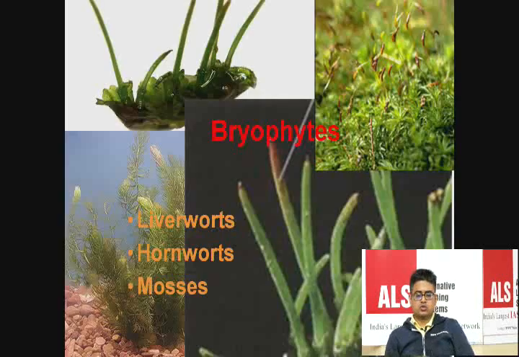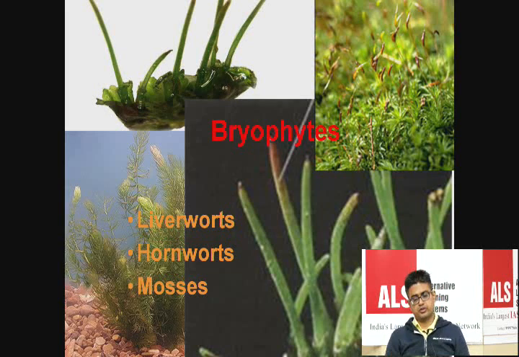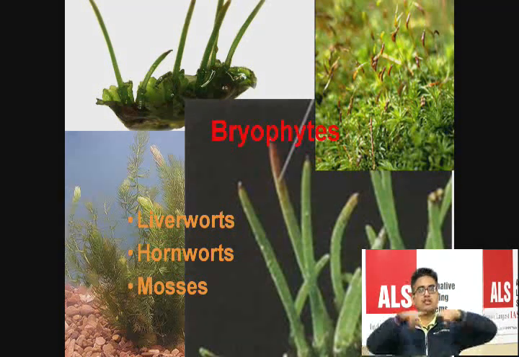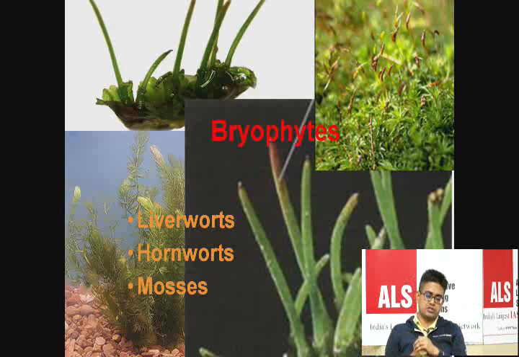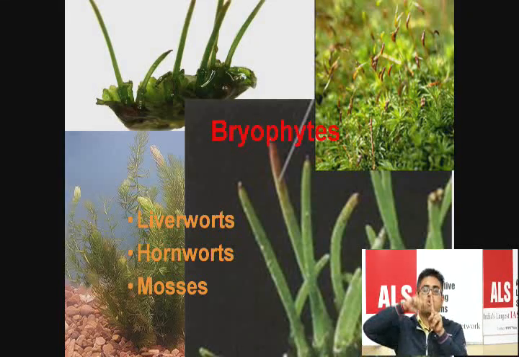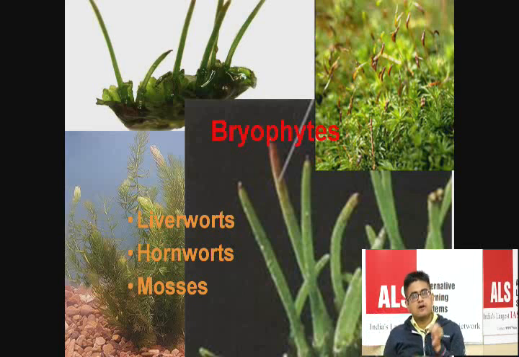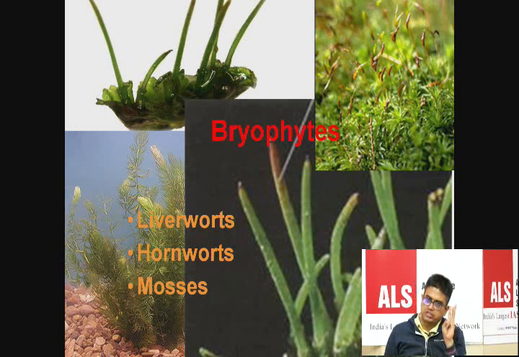Anyway, today we are going to start with Bryophyta, and it will be finished today also. Bryophyta has been subdivided into 3 categories, but NCERT these days has deleted hornworts. The 3 categories are liverworts, with a liver-shaped thallus, hornworts, with a horn-like structure, and mosses, which are plant-like but not exactly plants.